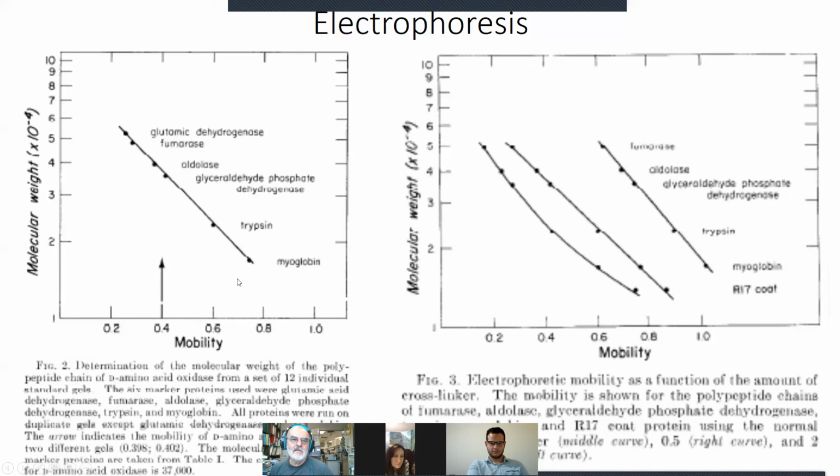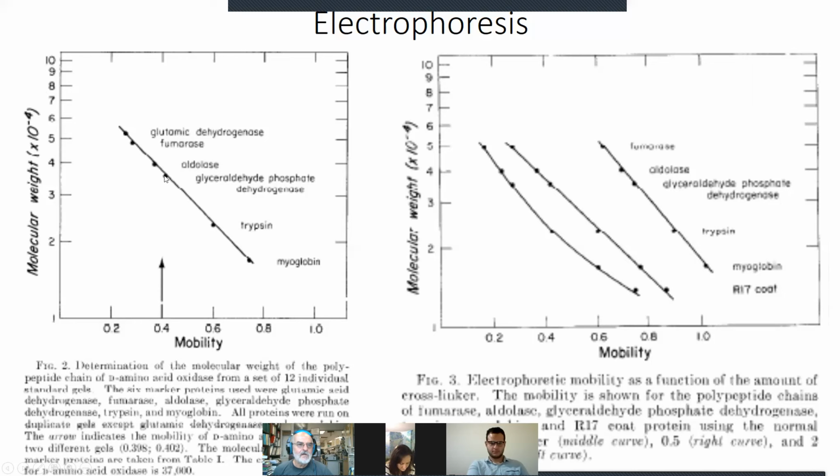And they immediately in this figure point out what you can use this for. They had a protein, D-amino acid oxidase, that they didn't know the molecular weight of. And so they ran it on this gel along with all of these other known proteins, and it has a mobility right here.